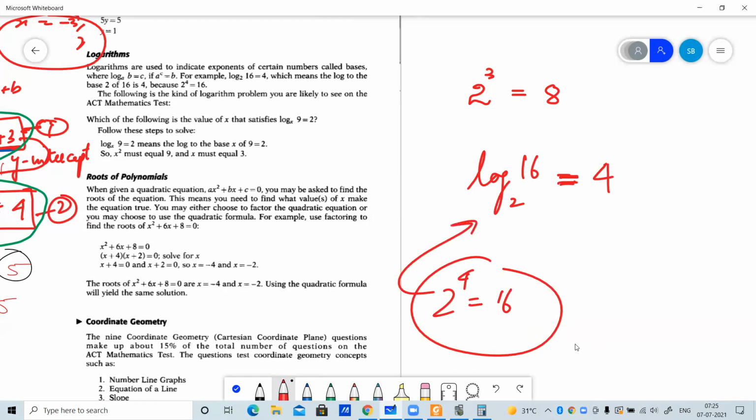See, it's one and the same thing. 2 to the 4 is 16. Log of 16 to the base 2 is 4. It is just the opposite way, very similar. Log and exponent.